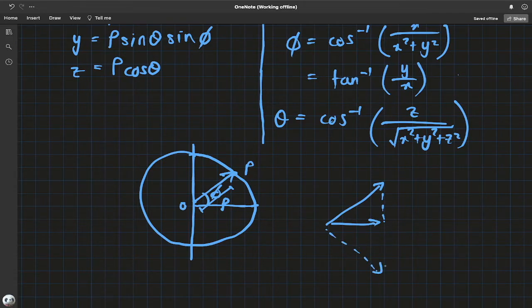So let's say this is your x-axis. So phi is that angle that the projection of P on the xy plane makes with the x-axis, while, again, this length is rho. Your angle theta is the angle that you subtend from the z-axis.